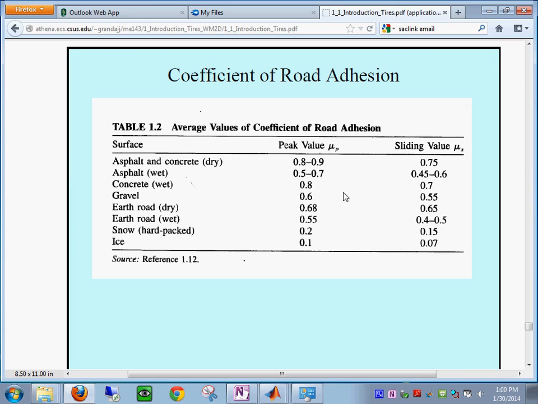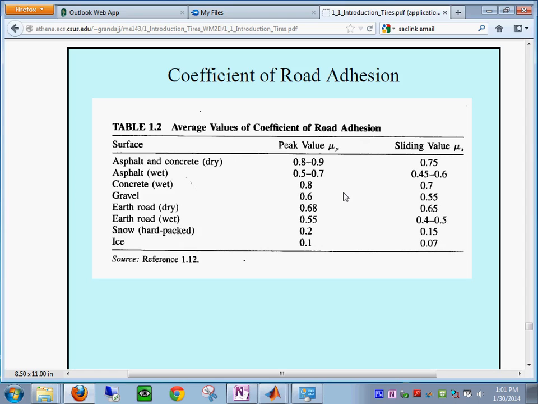Then you have earth road dry 0.68, earth road wet 0.2, and ice 0.1. So anything closest to about 0.1 is bad news.